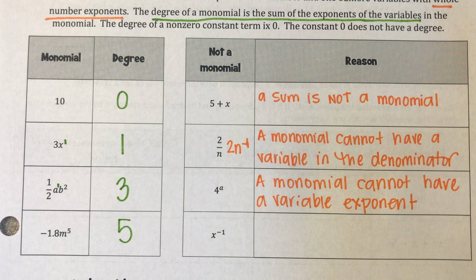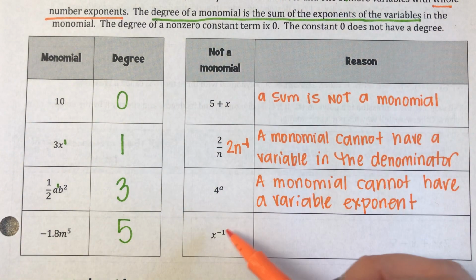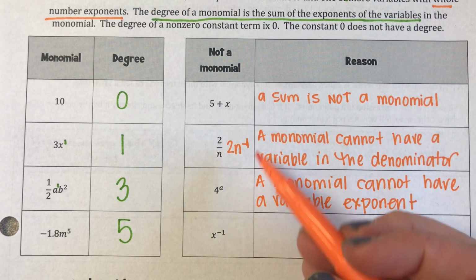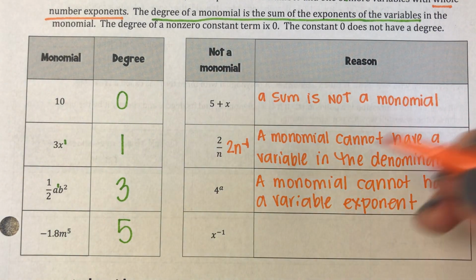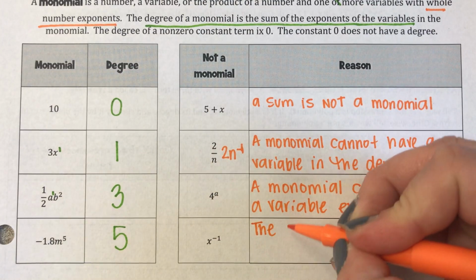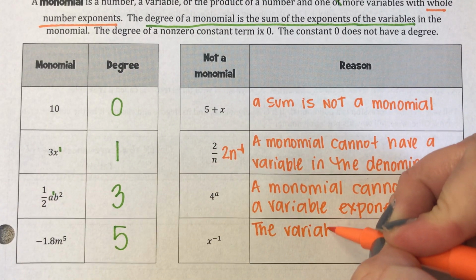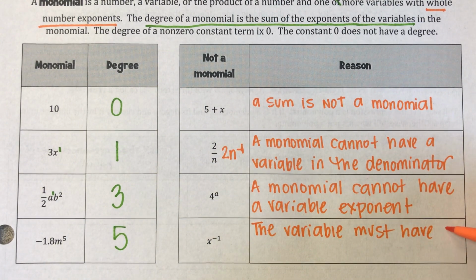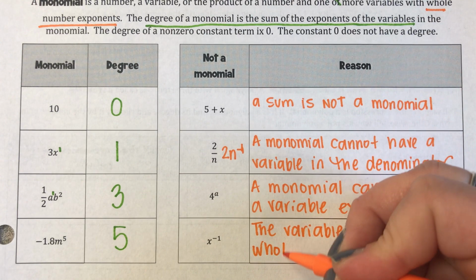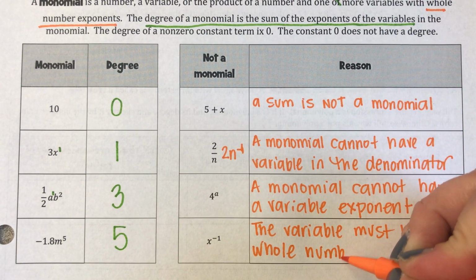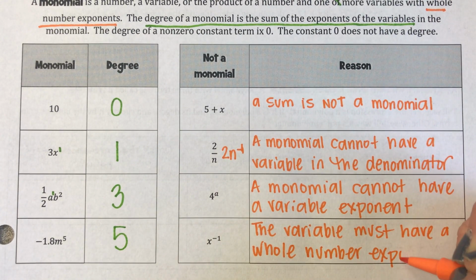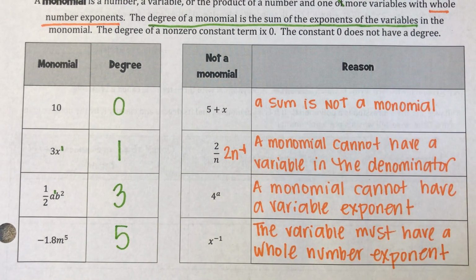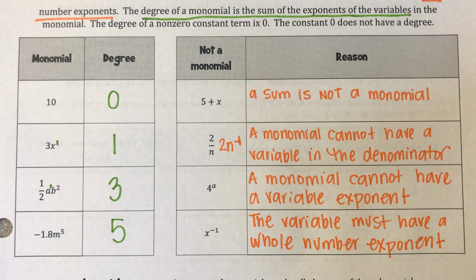That's not a whole number. So it cannot have a variable as an exponent. And this comes back to what we talked about up here on the second one, is the variable must have a whole number exponent. Okay, so make sure you write these down.